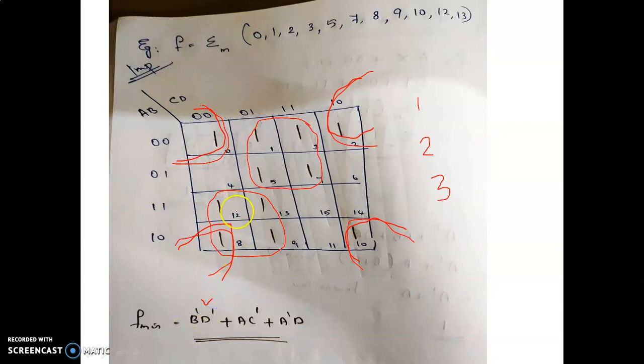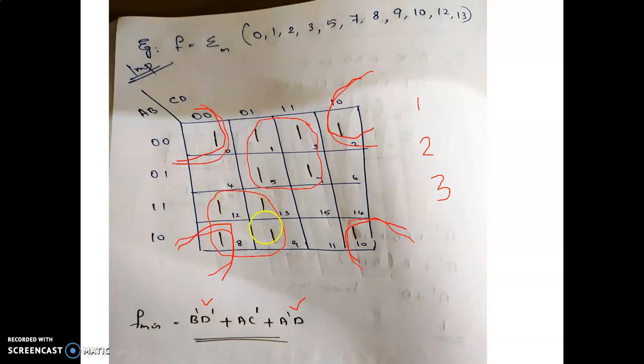Okay. And the remaining ones, these 4 ones can be grouped as a quad. This becomes the next quad. What is the representation for that quad? It is A bar, D. So it is A bar D. Yes. Now these 3 ones are there.